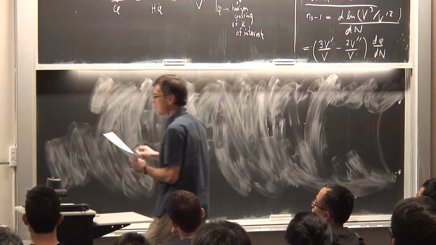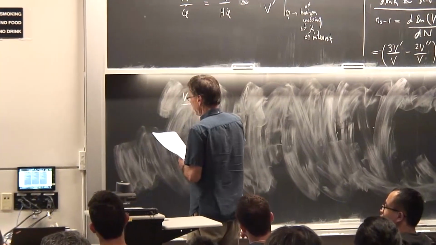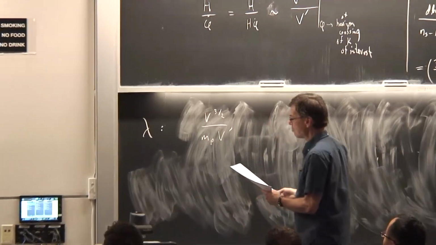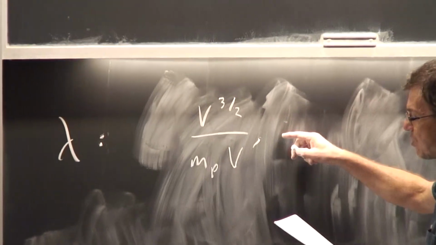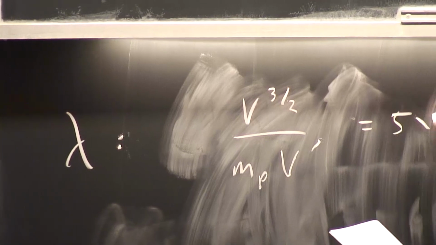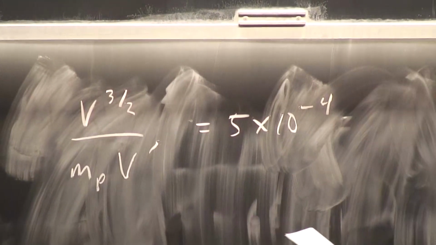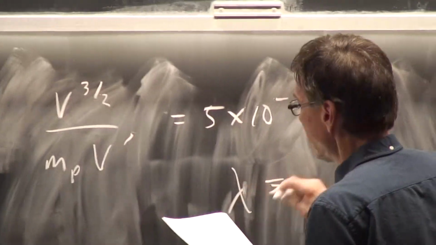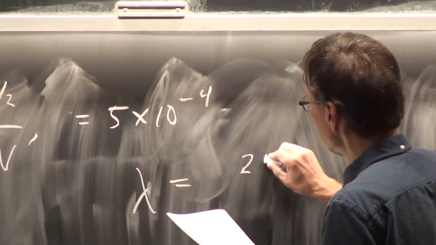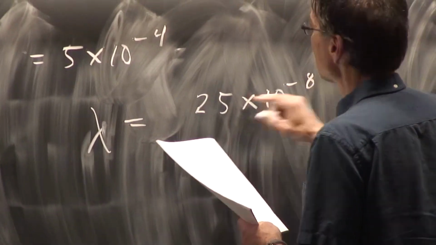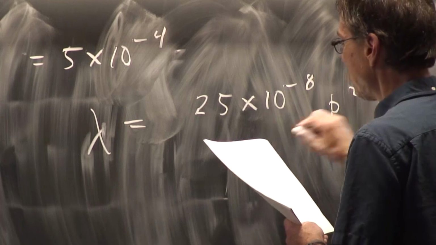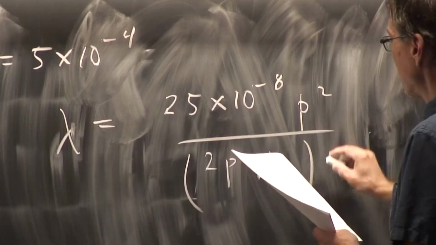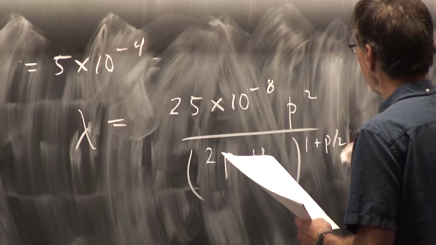So to fix lambda, remember, we just have to impose this requirement that V to the 3 halves over M_P V prime was 5 times 10 to the minus 4. And so you can just plug in our formulas, and then you find that lambda is 25 times 10 to the minus 8 from squaring that, p squared over 2p N star to the 1 plus p over 2.